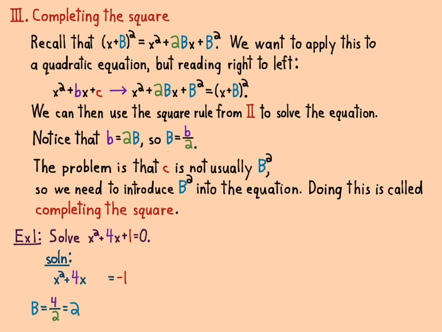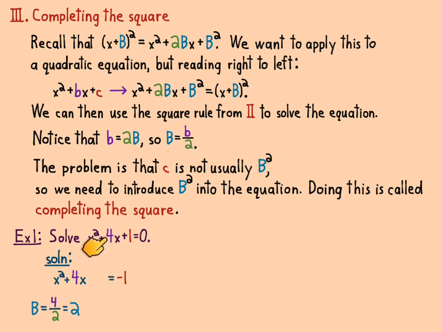So now I need a B squared. Remember? Right here. I want this. I've got this, because 4 is 2 times the blue B, the blue 2, right?